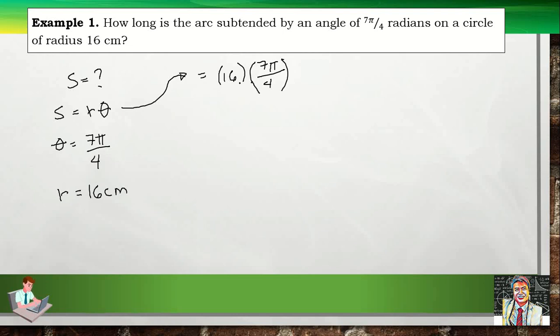16 multiplied by 7 is 112 pi over 4, which is 28 pi. Since we are asked for the arc length, the value of pi is 3.1416.